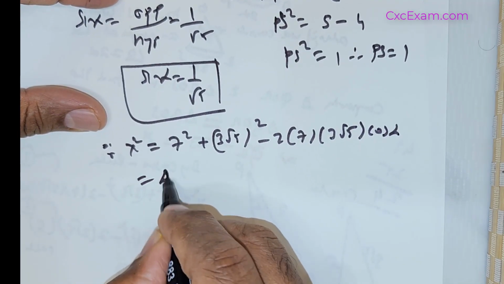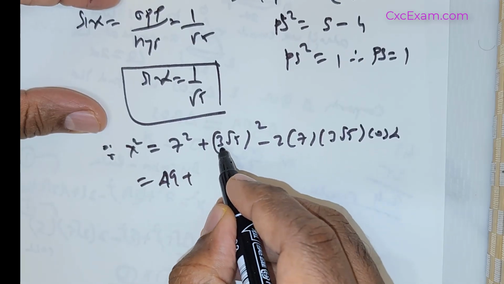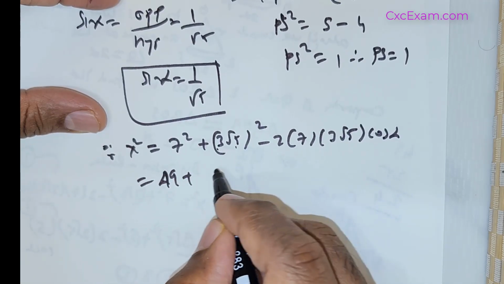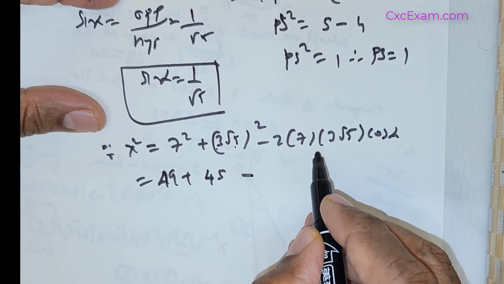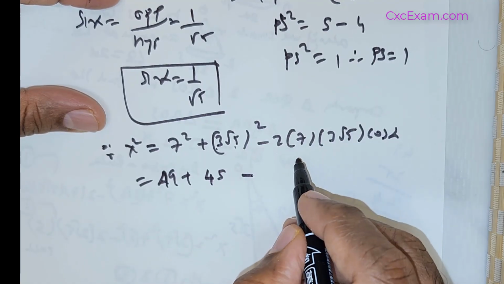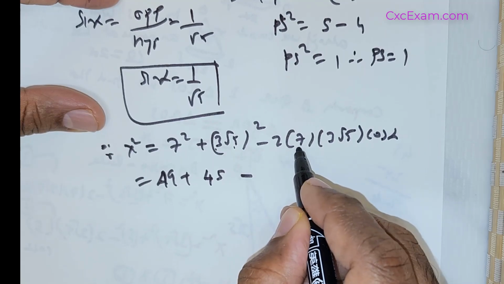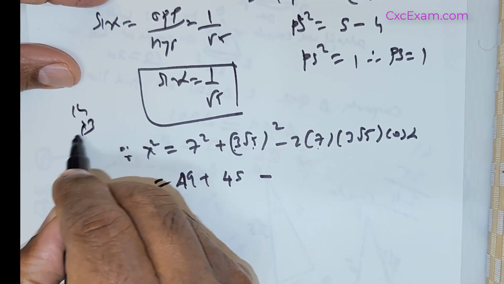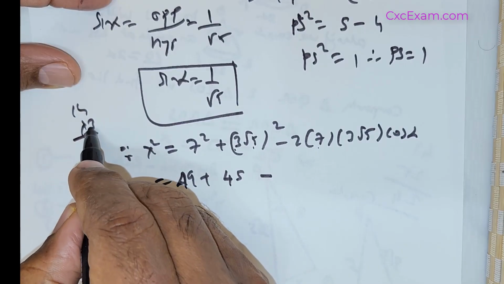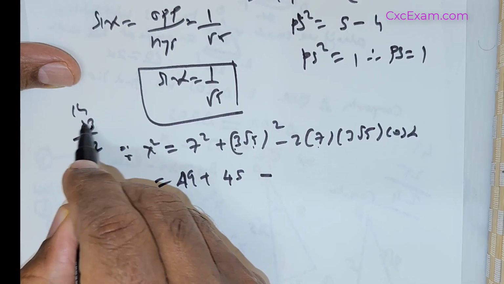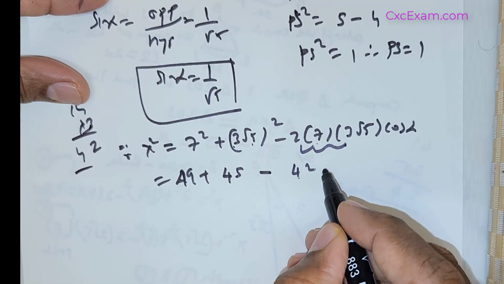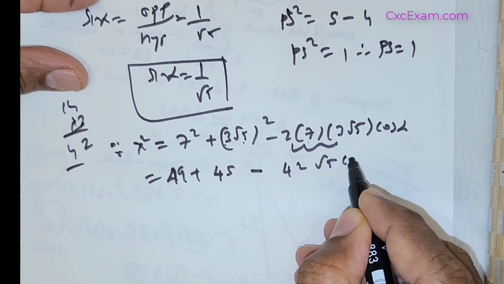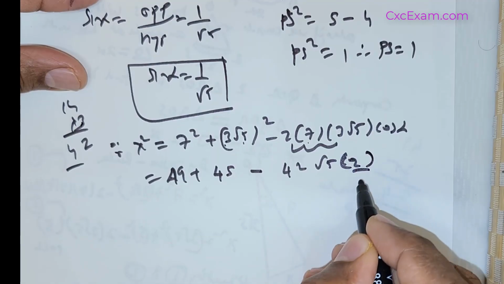So this is 7 squared is 49, 3 squared is 9, 9 into 5 is 45, negative, you have 7 twos are 14, 14 multiplied with 3, what do you get? 3 fours are 12, 3 ones are 3, 42. So you have 42 there, and you have root of 5, and cos alpha is 2 over root 5.